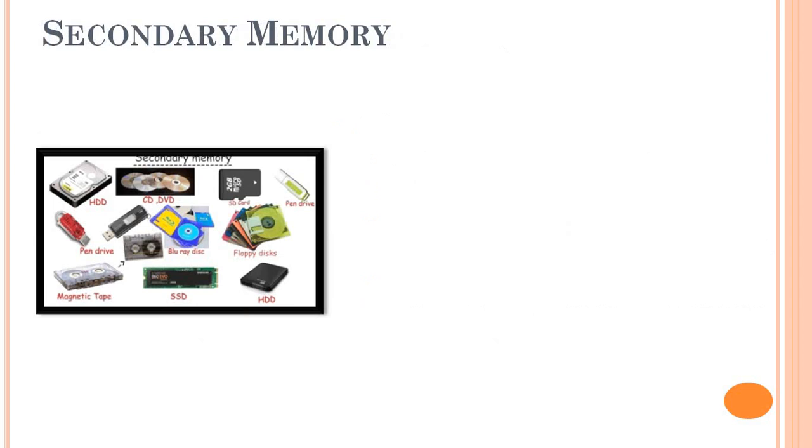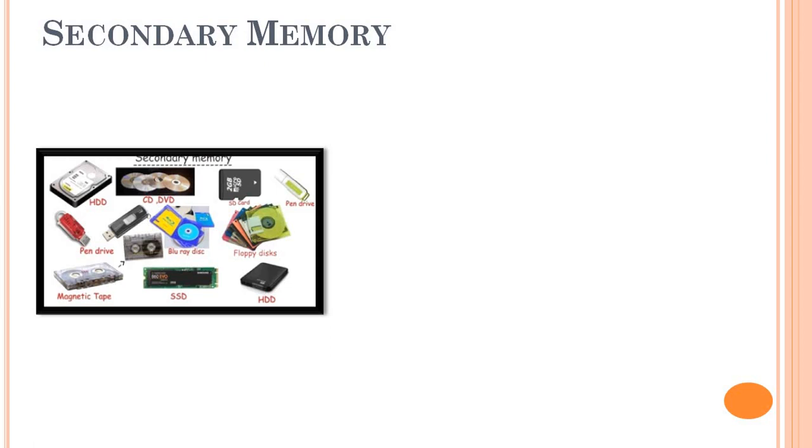Next is secondary memory. Secondary memory consists of hard disk, CD drives, SD cards, pen drives, floppy disks, external disk, external hard disk that we have. Then there is SSD, magnetic tape, Blu-ray, optical disc. All these different forms of storage are included in secondary memory.